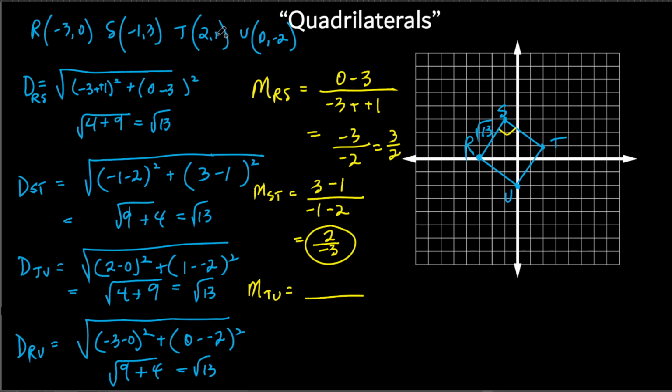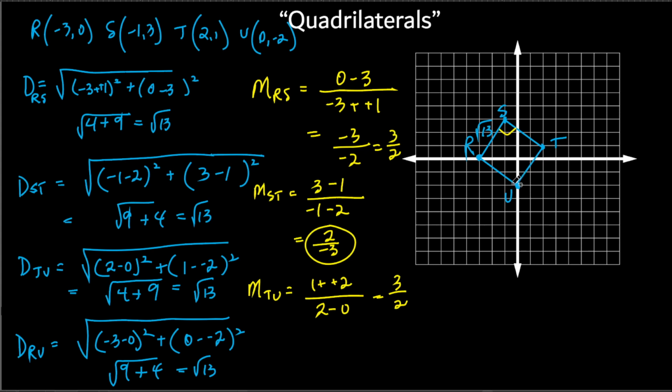So let's write it down. 1 minus negative 2. Everybody see that? Okay. And then I'll do the x's. 2 minus 0. So do you see the minus negative is a plus? So it's a positive 3 over positive 2. And it should be, right? Because remember, RS and TU should have the same slope. And they do. Both of them are 3 over 2.